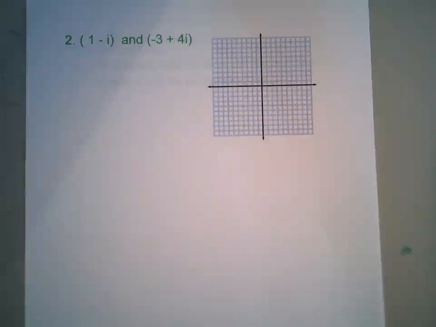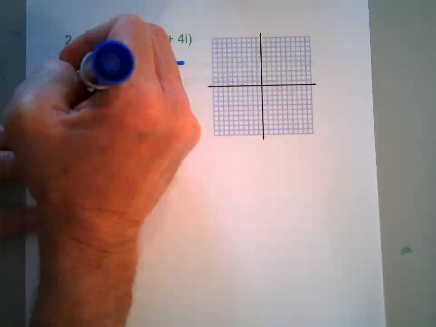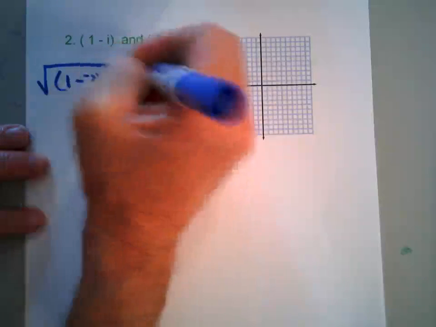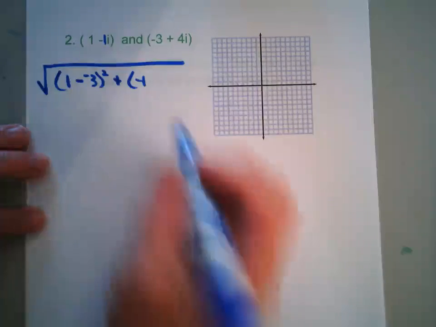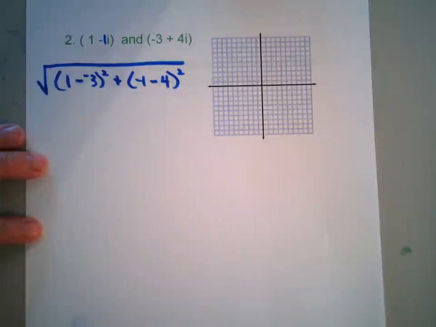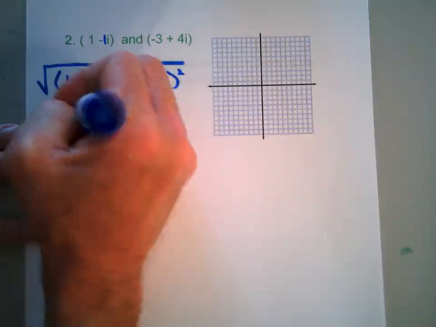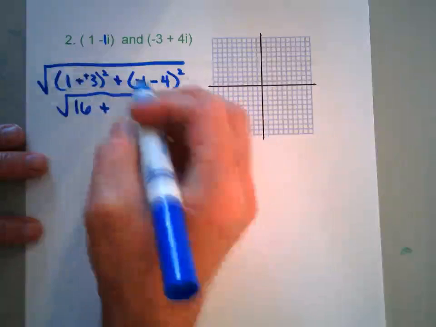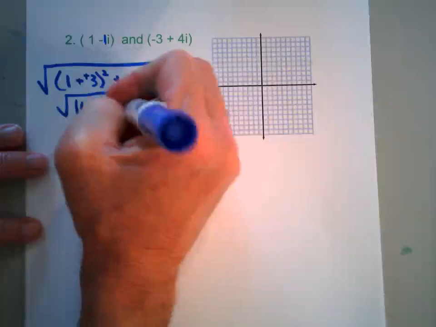All right, so we'll go through distance formula. 1 minus negative 3 squared plus negative 1, that comes from here, minus 4 squared. So you get a double negative on the first parentheses. 1 plus 3 is 4. 4 squared is 16, plus negative 1 minus 4 is negative 5, squared is 25.